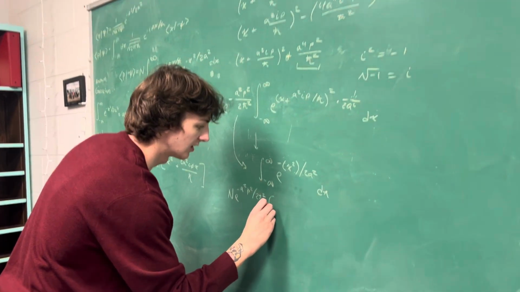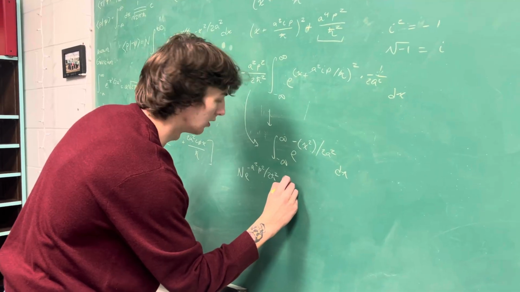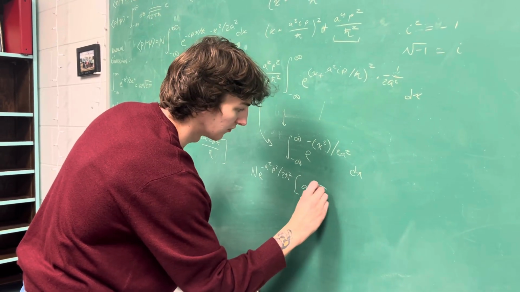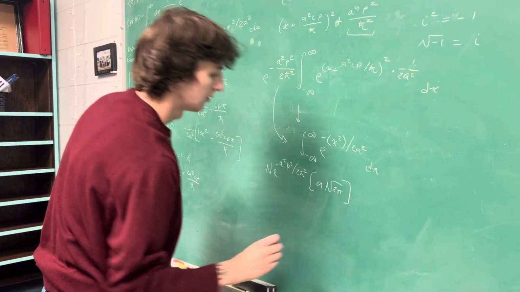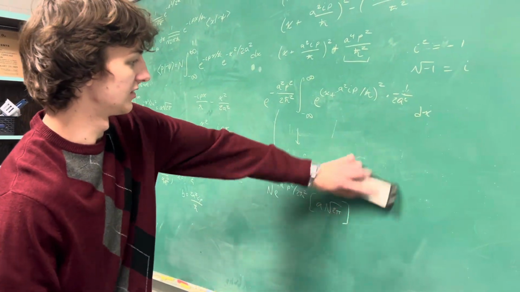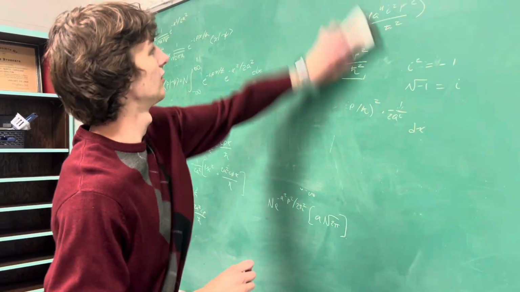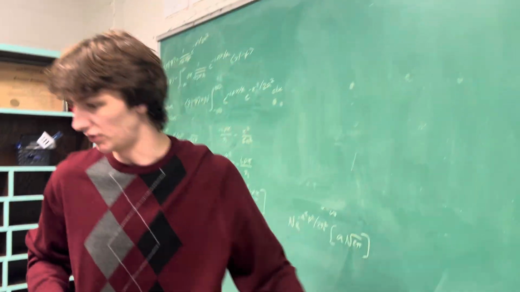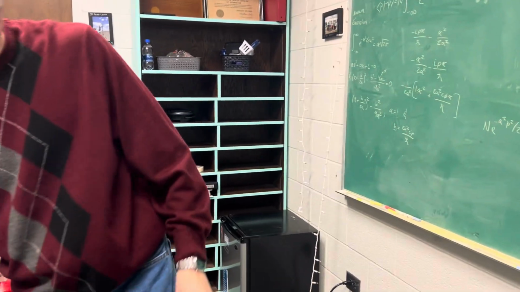And this integral has now reduced to a times the square root of 2 pi. And so now what I'm going to do is give myself some room, take care of these constants, and we will have completed our Fourier transform.